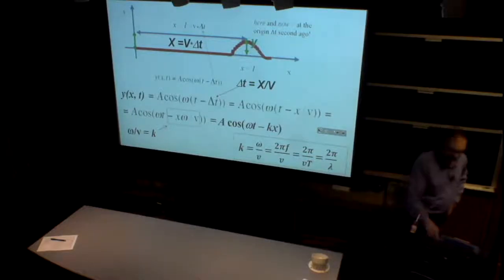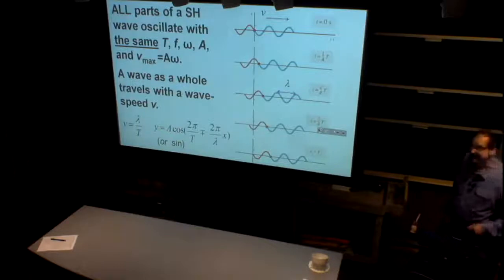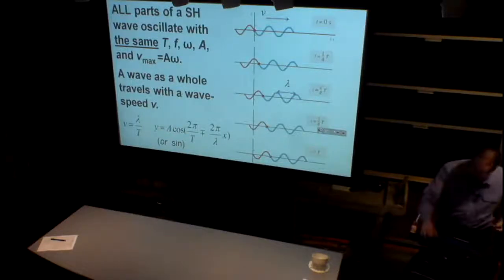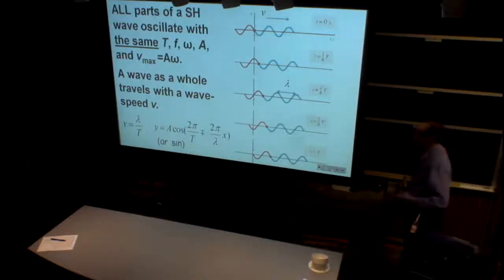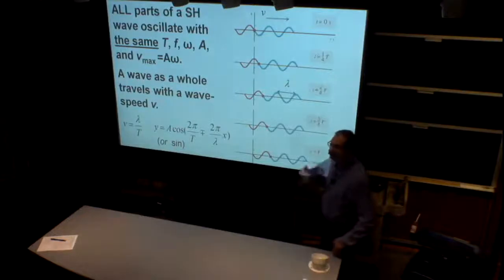Well, here we look at several profiles of the same wave traveling in space with time. So it's like several snapshots, but these snapshots are taken over a quarter of a period.